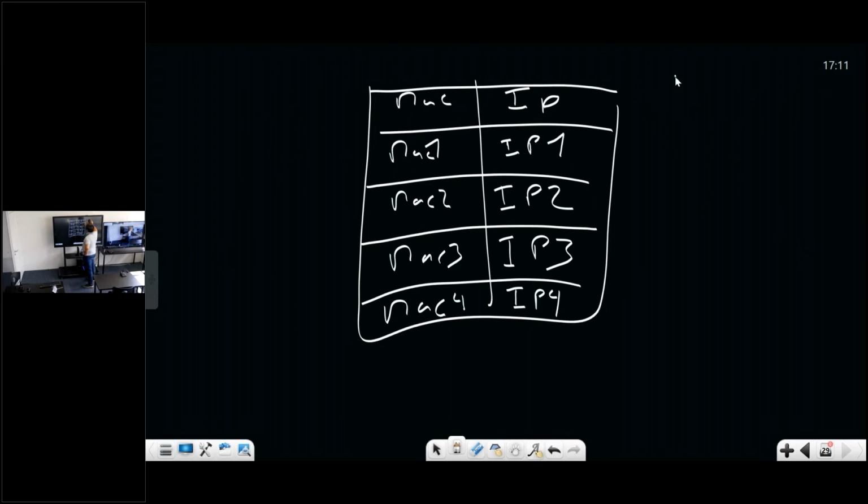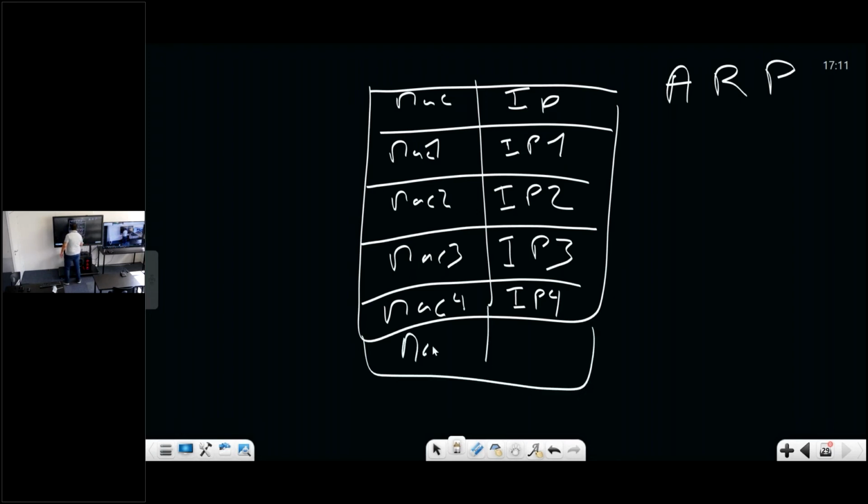Everyone will answer, okay, I have this IP and I have this MAC. And Didier will say, okay, I have this MAC, so attribute me an IP. So MAC5 and IP5.